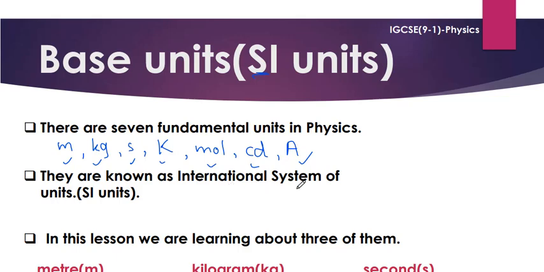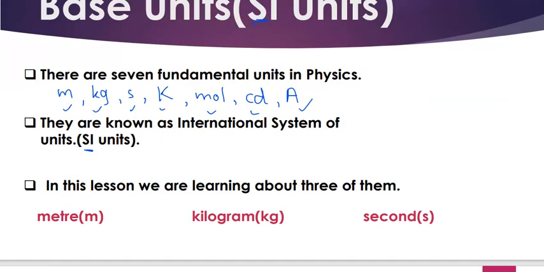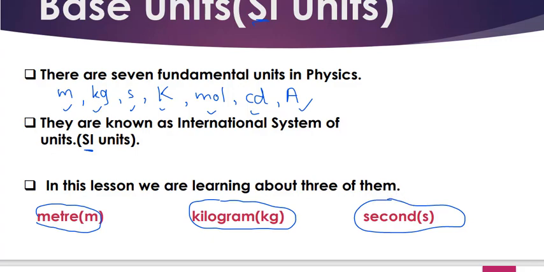They are known as the International System of Units, or SI units. But in this lesson on forces and motion, we mainly focus on three SI base units: meters to measure lengths or distances, kilogram to measure mass, seconds to measure time.